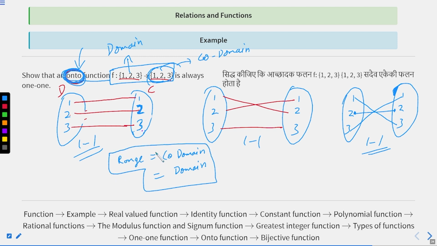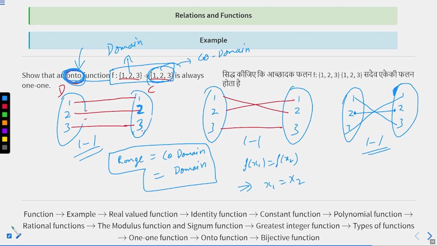So from this what we can say is that if f(x1) is equal to f(x2), then this will imply x1 is equal to x2.